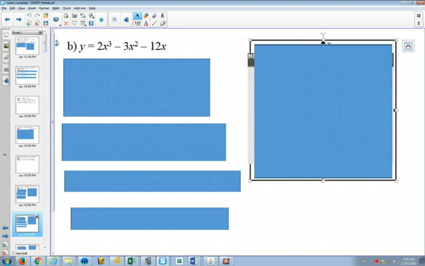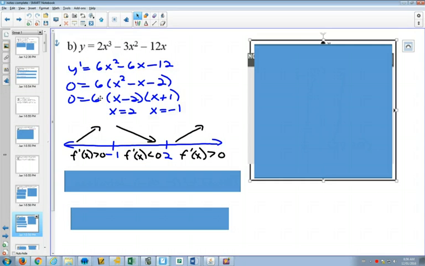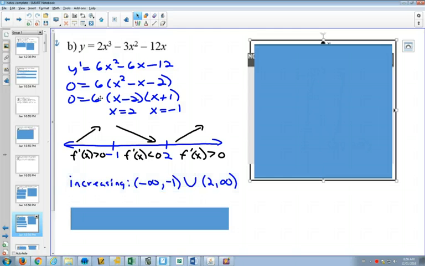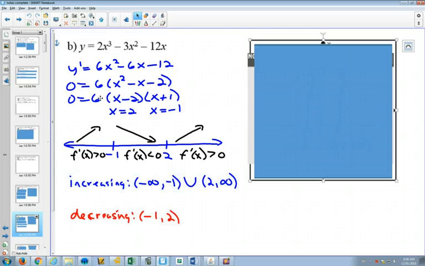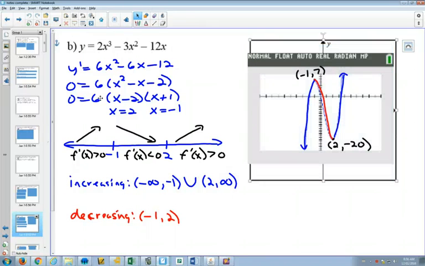I'll put up the answer for B so that you can check as you're going. Check to see if you got your derivative right. When you set your derivative equal to 0, were you able to factor that? Did you remember to factor out the common factor of a 6?